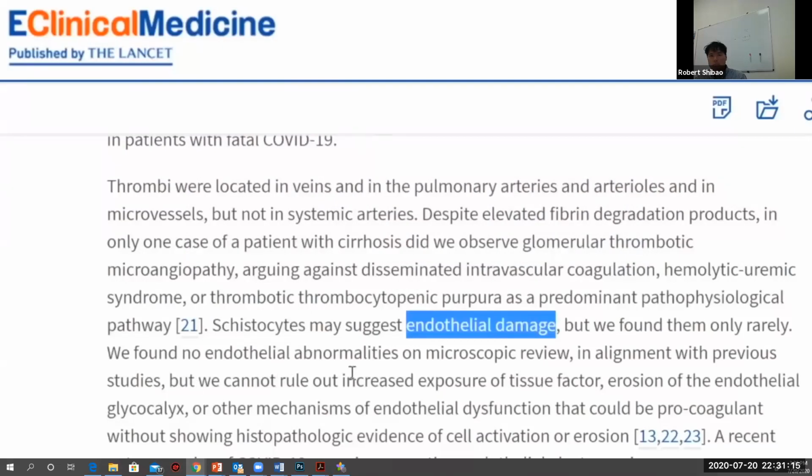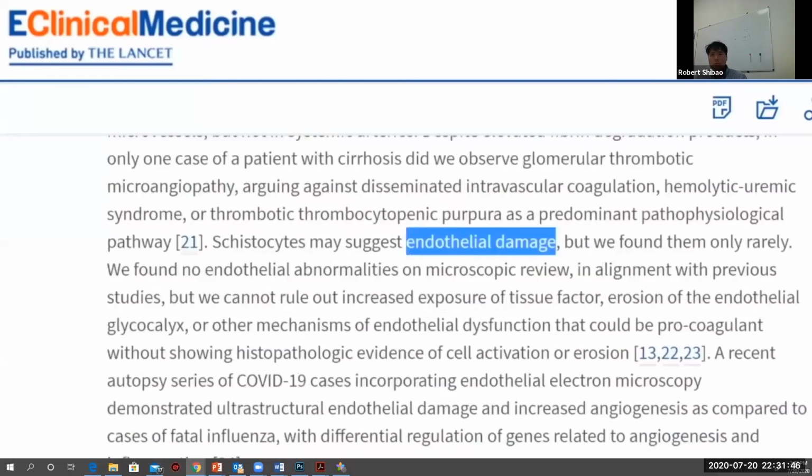Now that would seem to fly in the face of what we've been saying, which is that endothelial damage because of the SARS-CoV-2 virus binding the ACE2 receptor causes oxidative stress, endothelial damage, and then thrombosis. But notice what they say here. "But we cannot rule out increased exposure of tissue factor, erosion of the endothelial glycocalyx, or other mechanisms of endothelial dysfunction that could be procoagulant without showing histopathologic evidence of cell activation or erosion.